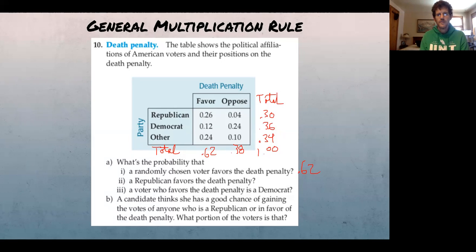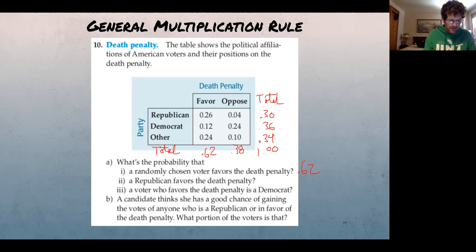Sometimes I would say this is maybe some questionable wording. Just in my head, I'm not saying this is right. In my head, I read this as, what's the probability of a Republican, that's the condition, favoring the death penalty? But I think I could see it if I change my perspective on how I read it. I could see the death penalty being the condition and the Republican being the conditional part of the probability.